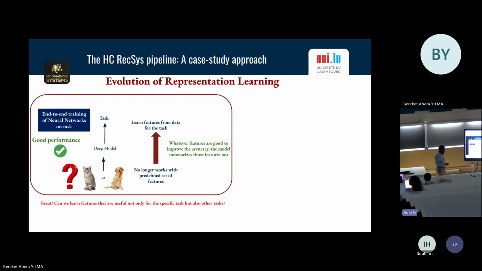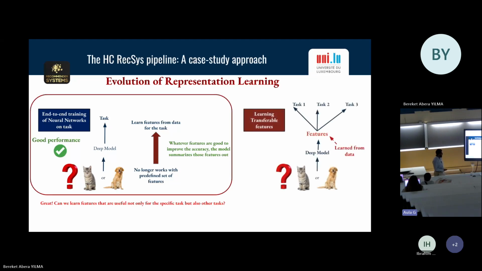This was good, but then we started to ask other questions, like, we can learn features that are useful not only for specific tasks, but can we do more with these extracted features? So essentially, you have a deep learning model that extracts features, and then you want to engage several tasks with this embedding or this representation.